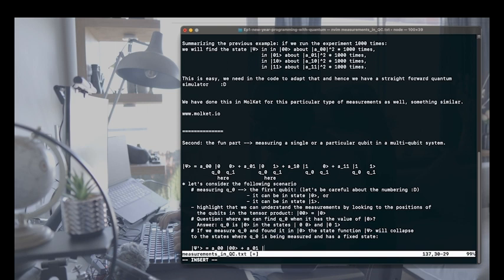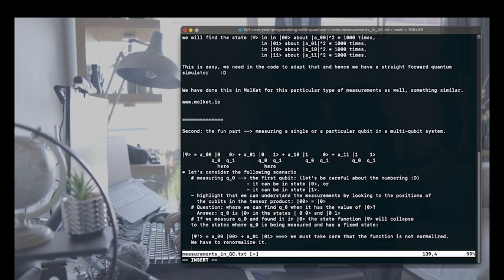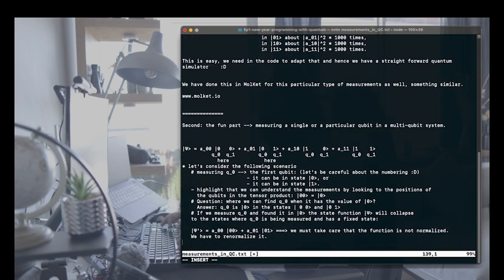And if we measure the first qubit Q0 and find it in state 0, then the whole state psi will collapse, and we will only end up with the terms or the bases in which the first qubit Q0 already has a fixed state, which in this case is the 0 state or ket 0.